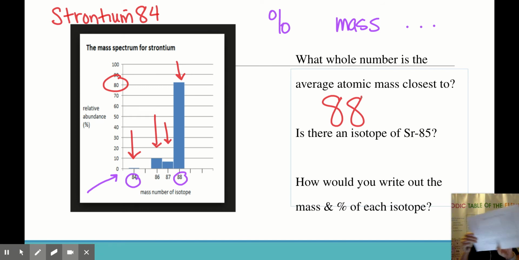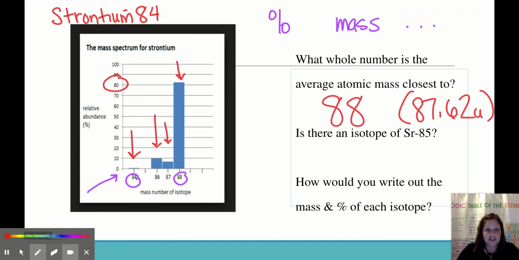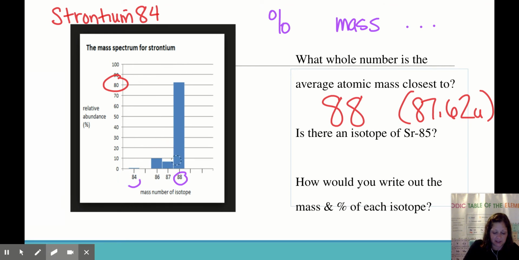And if we look on the periodic table, strontium has an average atomic mass of 87.62 atomic mass units. Now, if we just take off some of this information here so you can see this a little bit better.